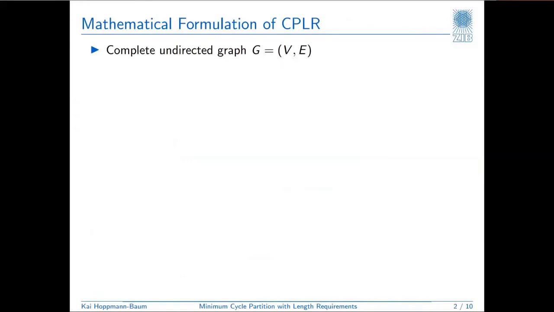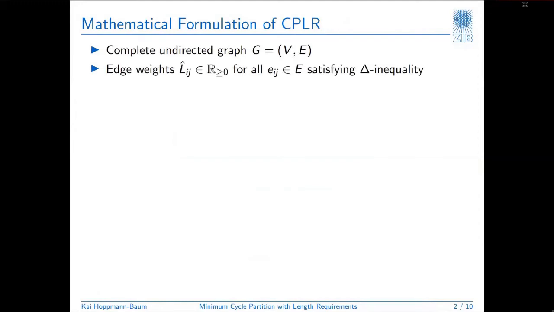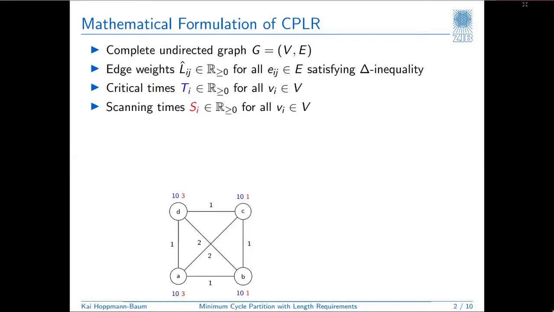Now let's give a mathematical formulation of CPLR, the minimum cycle partitioning problem with length requirements. We are given a complete undirected graph together with edge weights for each edge. It's important to note that the edge weights satisfy the triangle inequality here. We are given the critical times for each vertex and the scanning time for each vertex.